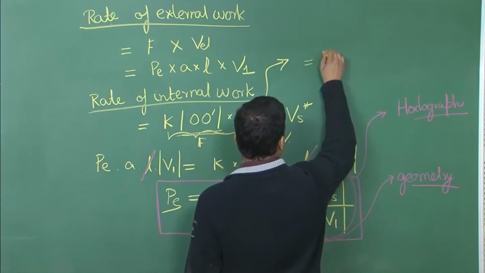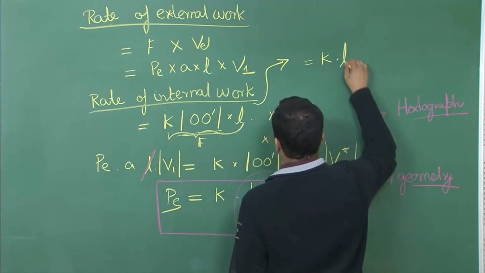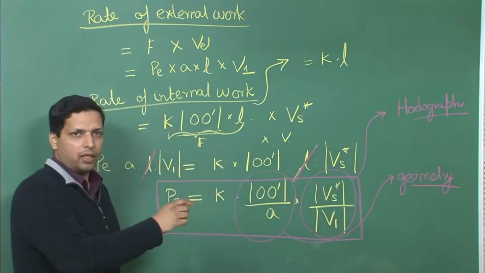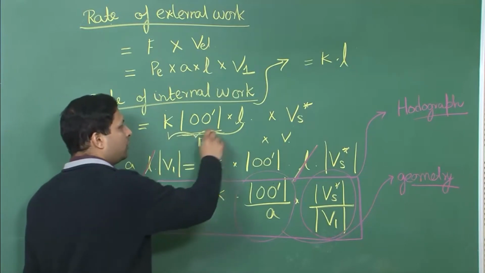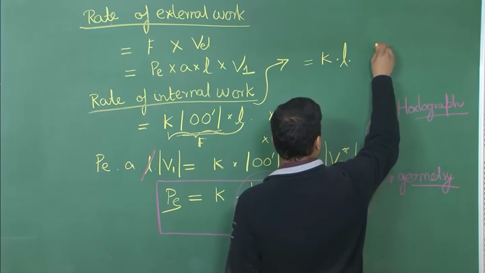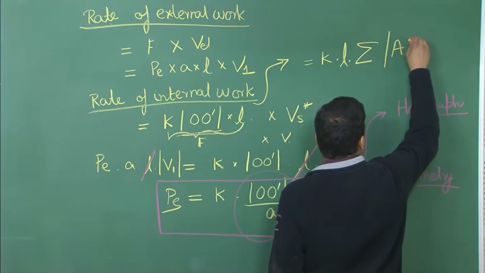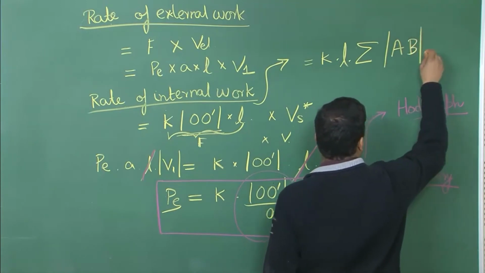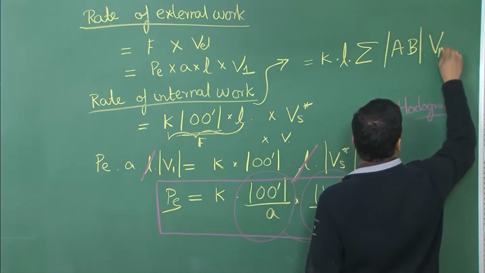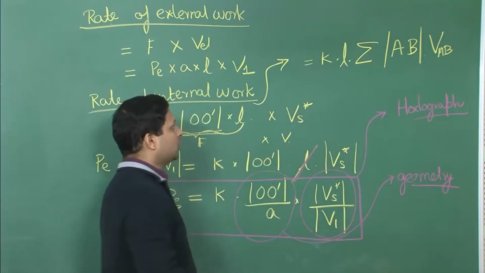Since we have kept L over here, I will keep using L for now. We will take L as a common factor outside, and inside you will have AB, which is the length, and VAB, meaning the velocity on that particular plane.